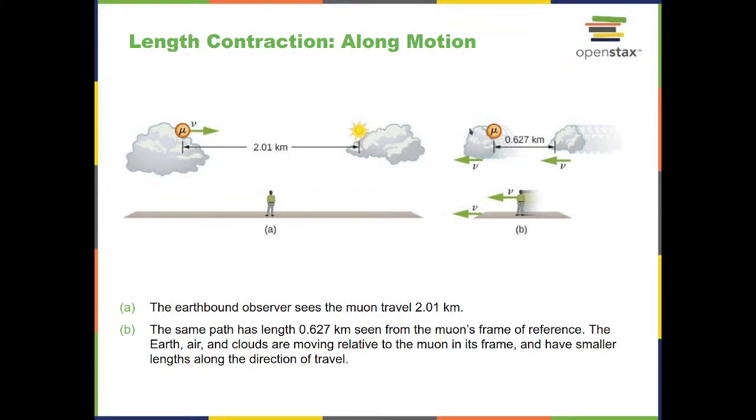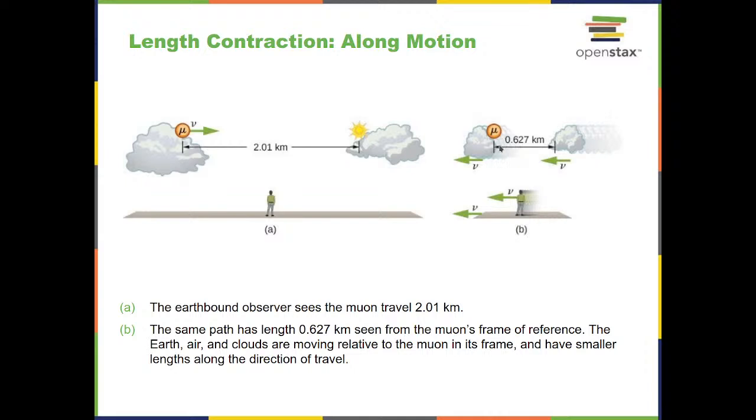The length measured by the muon: the muon thinks it's moving at a velocity v because it sees the observer fly by at the velocity v. So the muon still agrees with the observer on the velocities. That's one of the things that I didn't point out last time, but there's still symmetry in all of this, right?